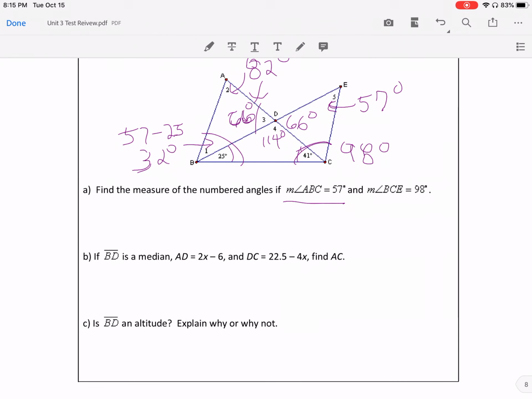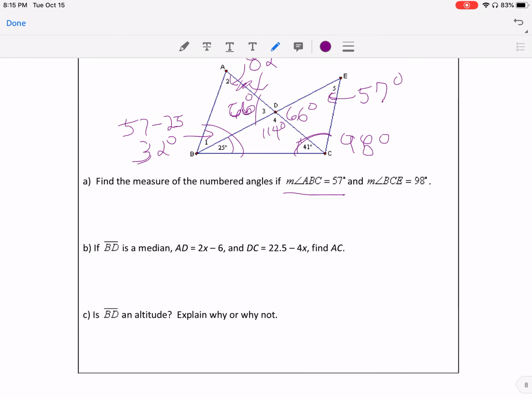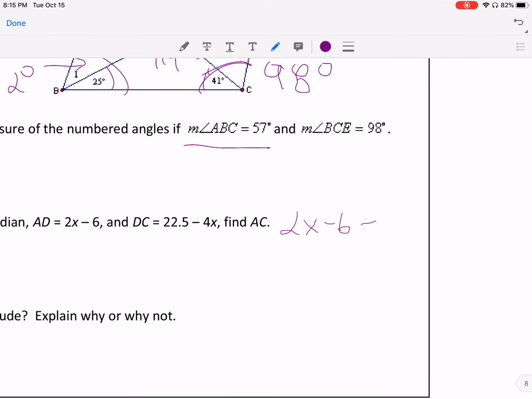If BD is a median, that's a piece of vocabulary that you need. You know this part is congruent to this part. And this is pretty straightforward. 2x minus 6 should be equal to 22.5 minus 4x. So that's going to be 6x is equal to 16.5.